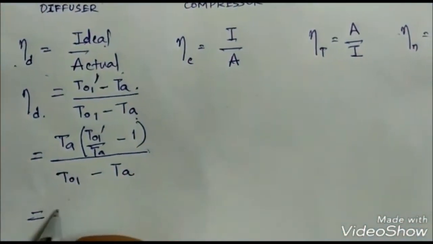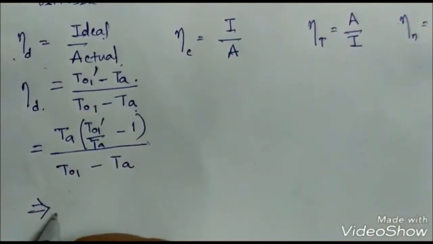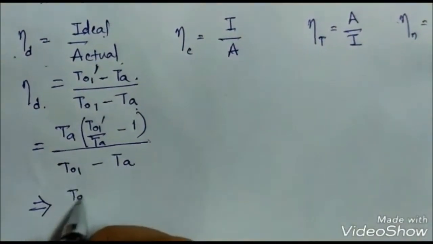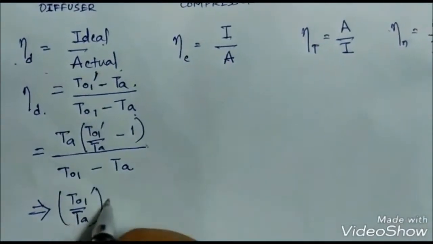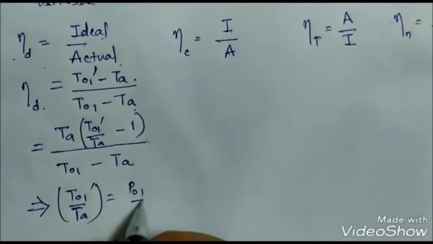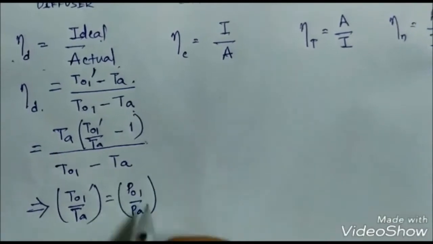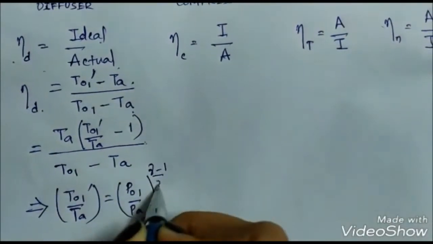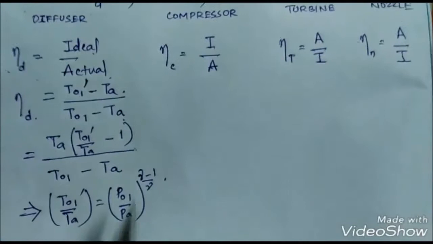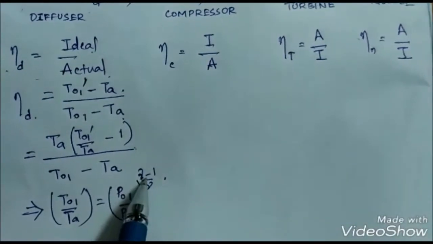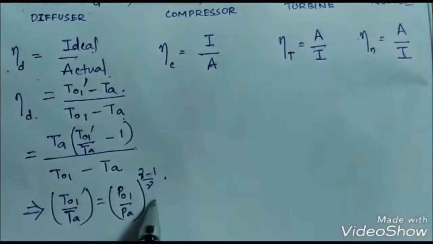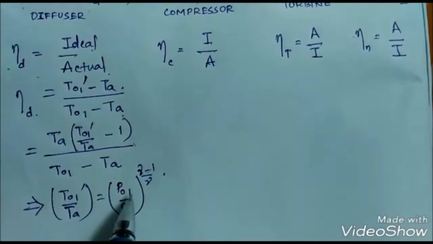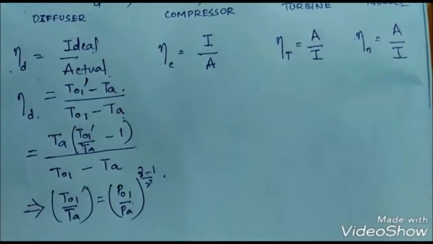Now we know by the isentropic relation that T01 dash by TA equals P01 by PA to the power gamma minus 1 by gamma. What is gamma? Gamma is the adiabatic constant. So now we are going to substitute this value in the above equation.